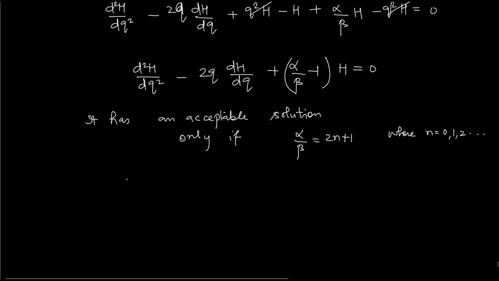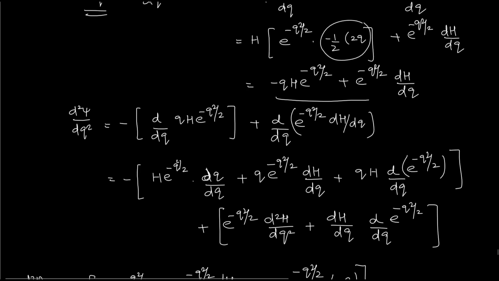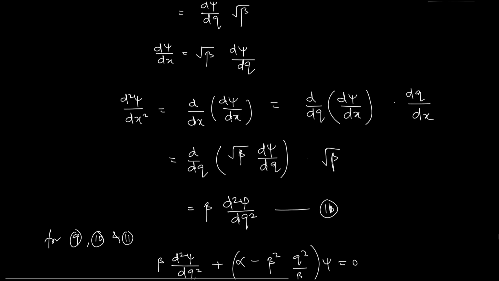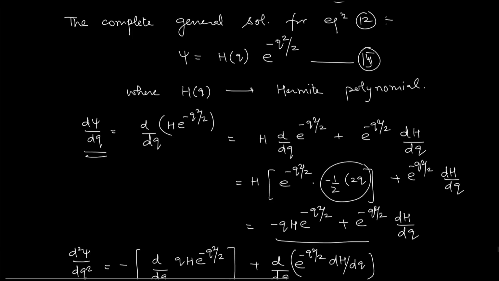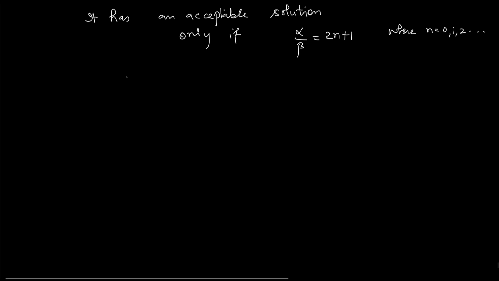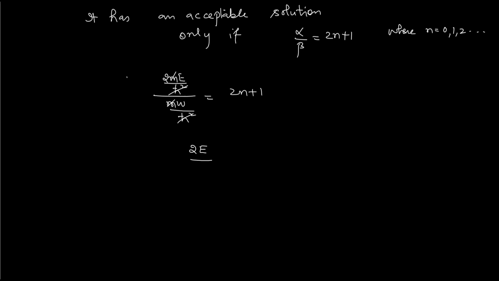So the values of alpha and beta can be chosen from the equations we have written, by equation number 8. So if we substitute equation number 8 here, 2me upon h cut square, m omega by h cut square, it is equal to 2n plus 1, h cut square cancels out, so m cancels out, so it is 2e upon omega.